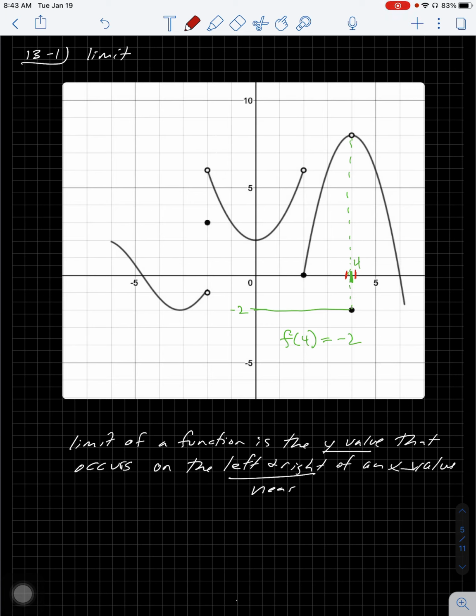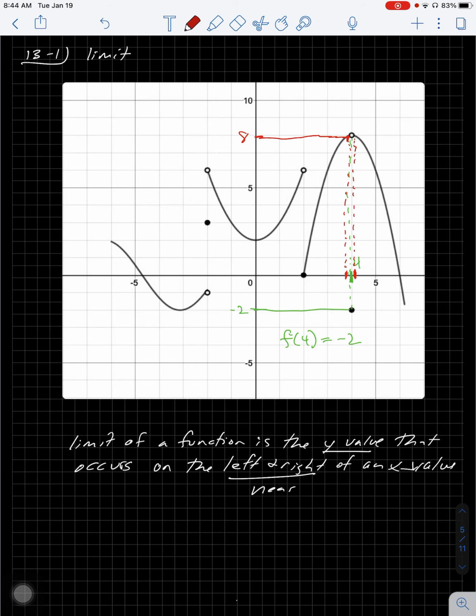Well, if I'm just to the left of 4, I don't track down to that dot anymore. I actually now at 3.9 or whatever, really close, I track up here. And just to the left of 4, I'm very, very close to 8. Not exactly 8, but very close. And if I'm just to the right of 4, the same thing happens.